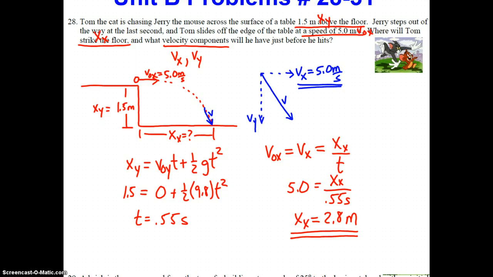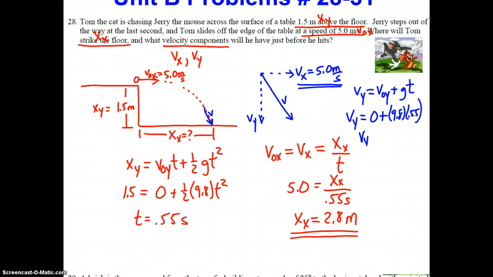To calculate Vy, we need to use vertical information here. And what probably makes most sense is Vy equals Voy plus GT. V equals Vo plus AT. Just vertical motion specific. Vy equals 0 plus 9.8 times 0.55.